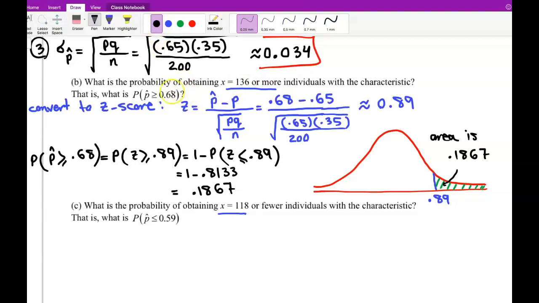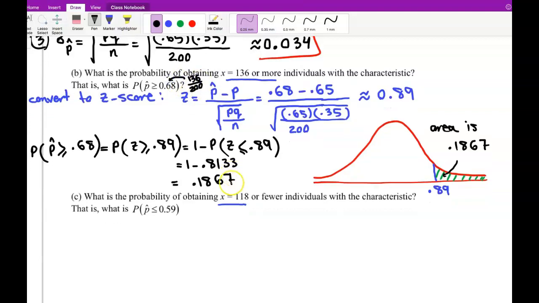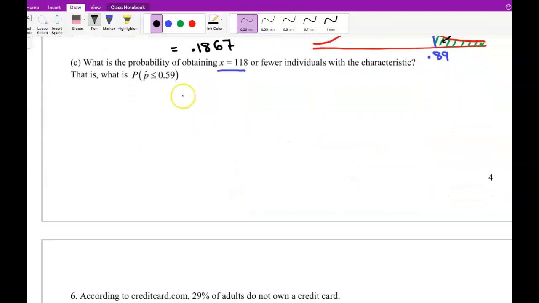This was already given, that's why we didn't need that part. So this 0.68 is 136 divided by our sample size of 200. Now again, same thing, 118 divided by 200. What that means is we should find the probability when the sample proportion is less than or equal to 0.59.